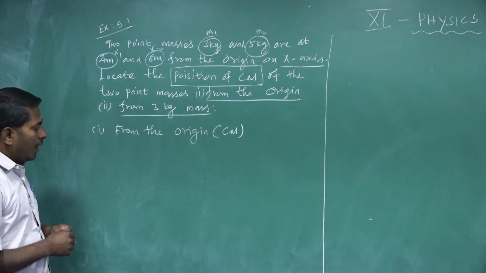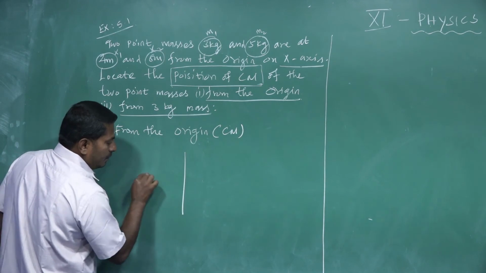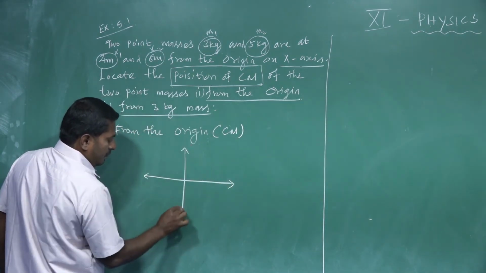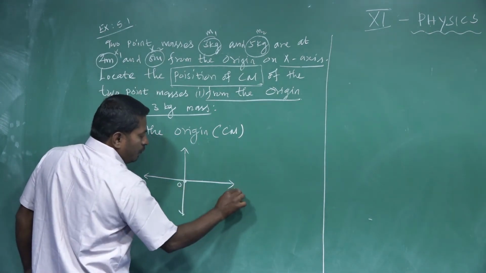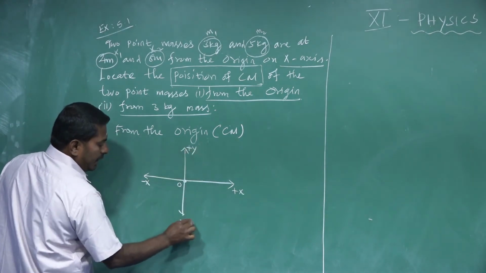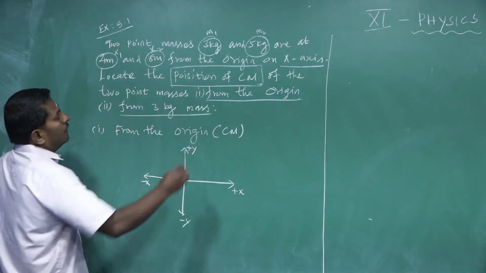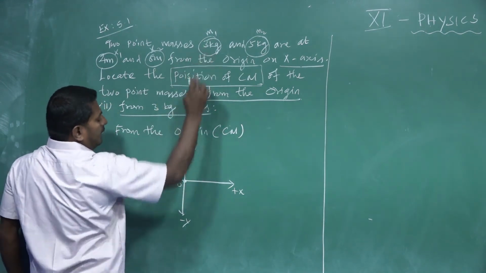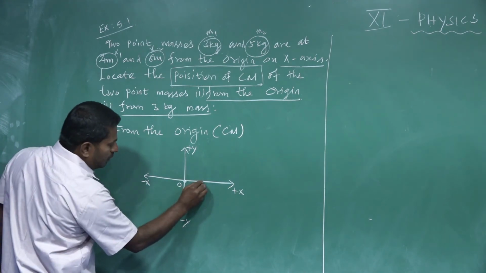First, we assume the Cartesian coordinate system. Origin of the Cartesian coordinate system O, positive x-axis, negative x-axis, positive y-axis, negative y-axis. 2 point masses, one is 3 kg, m1 point mass, is located on the x-axis 4 meter distance from the origin.